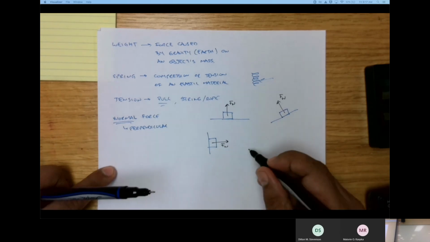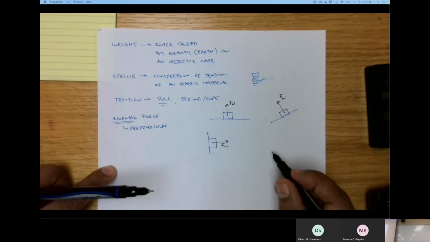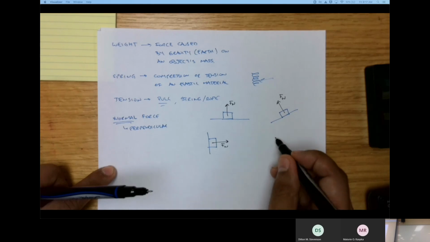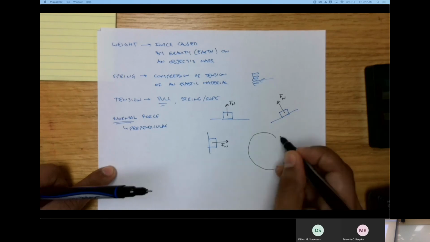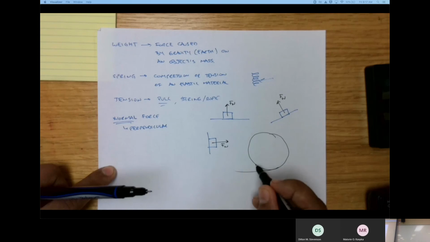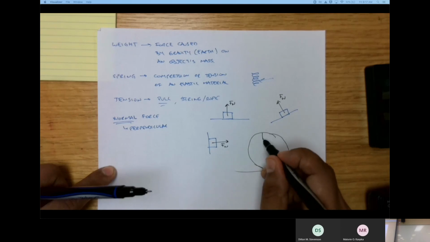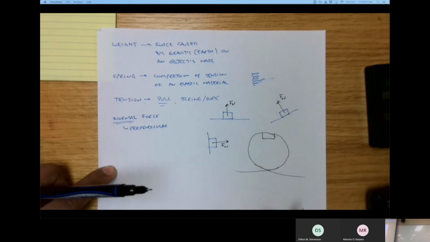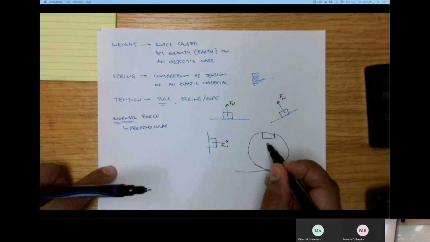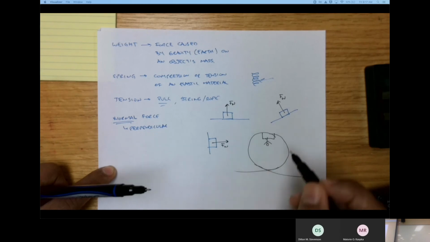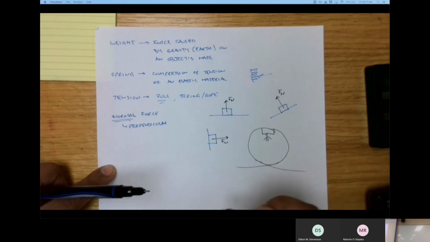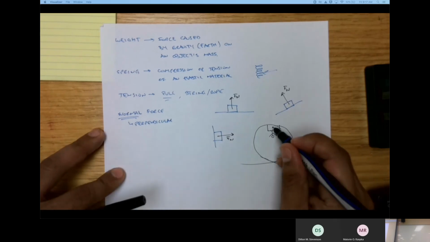If you can imagine a roller coaster, and you are in that loop, then you're going to have a normal force like that.